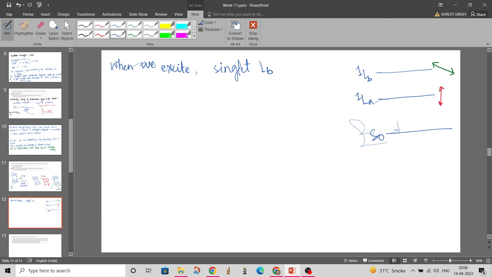So when we excite, the 1LB state gets excited, which is S2.